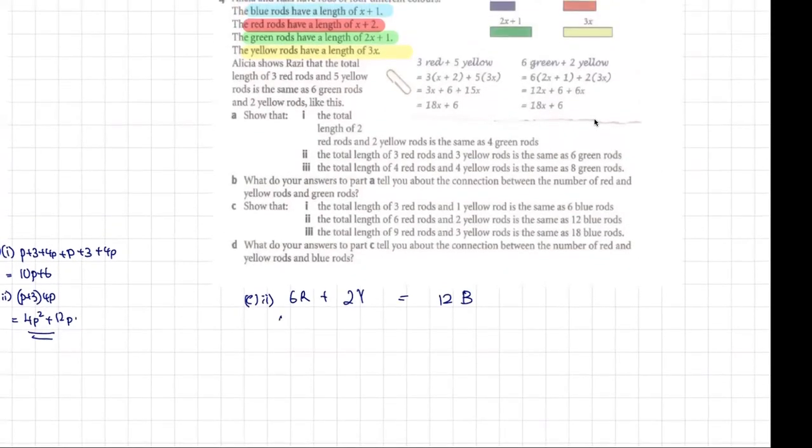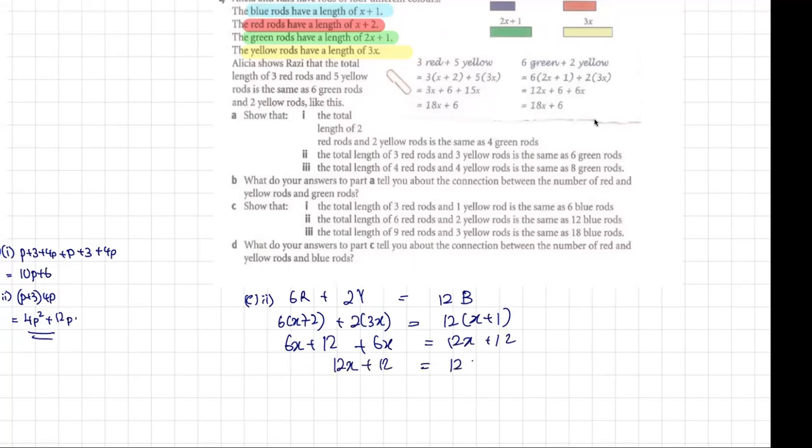I'm just going to substitute the number: 6x plus 12 plus 6x is equal to 12 blue. So they are the same. Same. So you can do it this way, or you can do it like how I did earlier on.